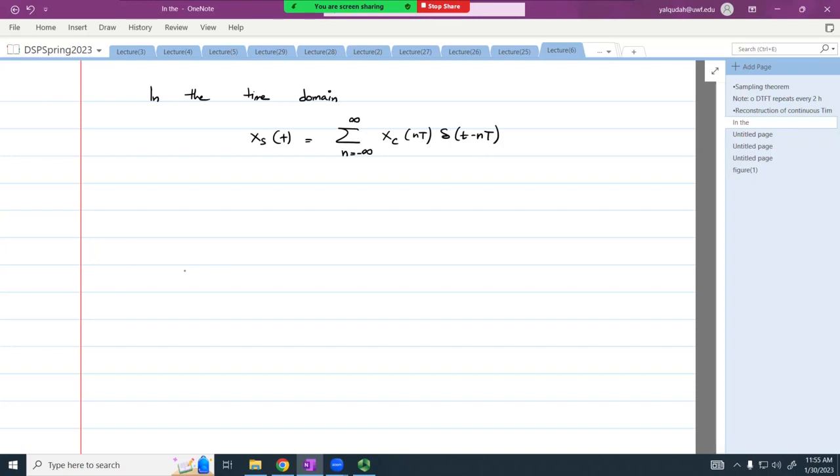And then h of t is going to look like this: sin of omega cutoff t divided by pi t. Where did I get this from? From the inverse Fourier transform of the rect.